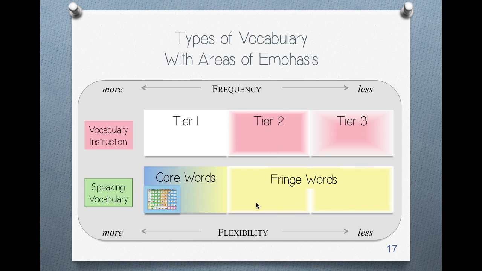When children are talking about those tier 2 words and when they're defining those tier 2 words, they're using tier 1 words to do that. So they're using what they have and what they know to talk about a more complex concept.